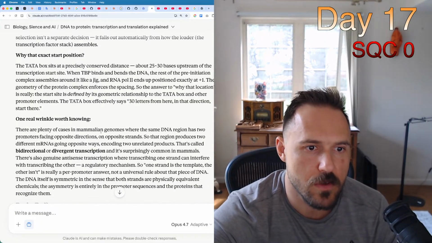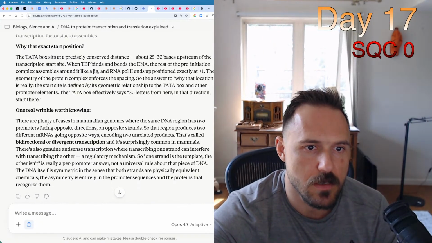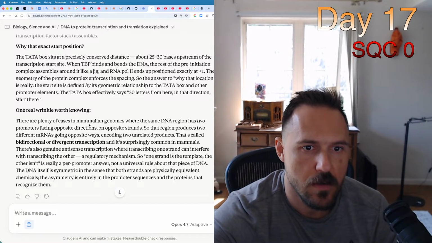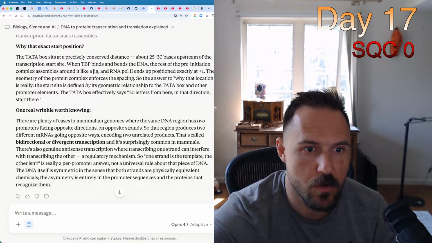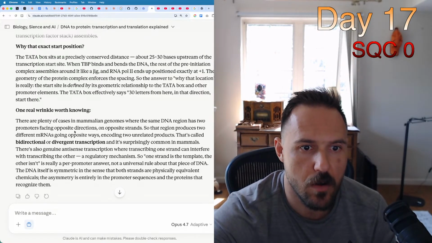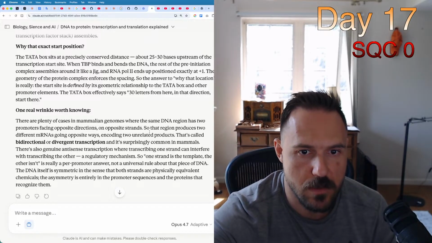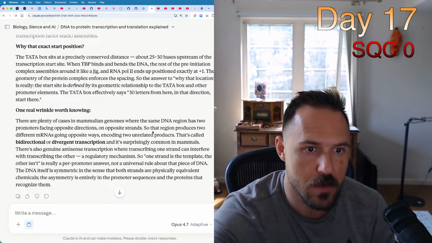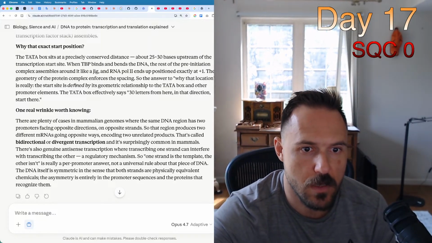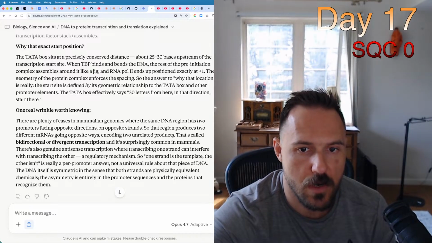One real wrinkle worth knowing. There are plenty of cases in mammalian genes where the same DNA region has two promoters facing opposite directions on opposite strands. So that region produces two different mRNAs going opposite ways, encoding two unrelated products.